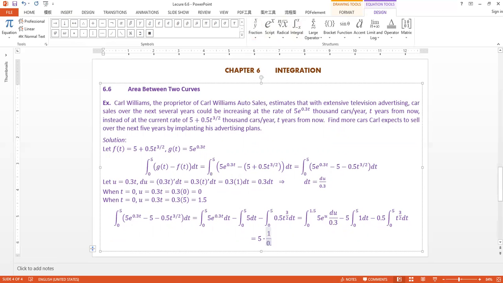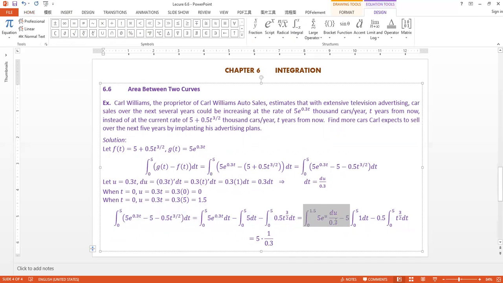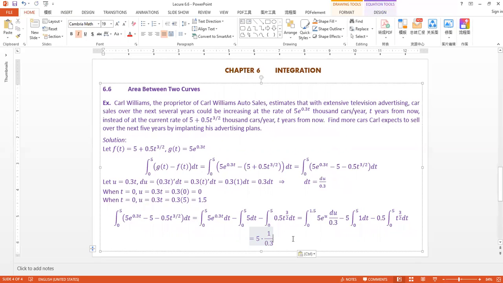That will make a big difference. So then what's left is just e to the u. So we just integrate e to the u from 0 to 1.5.